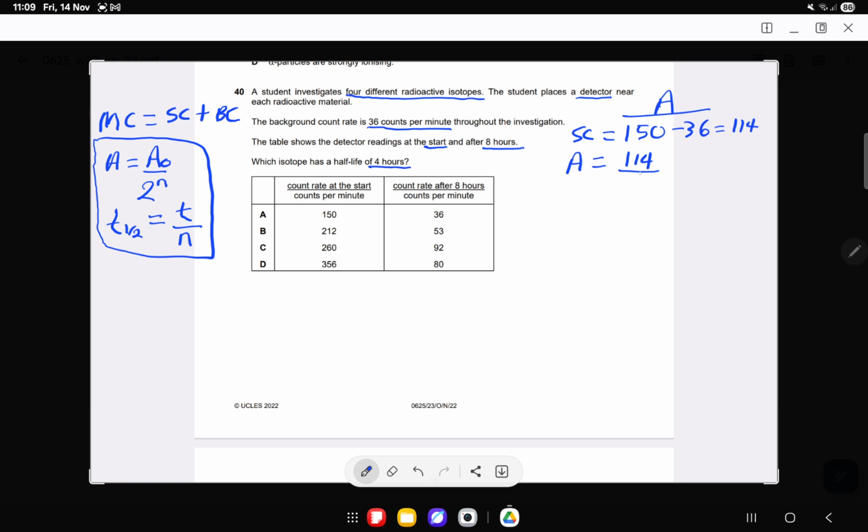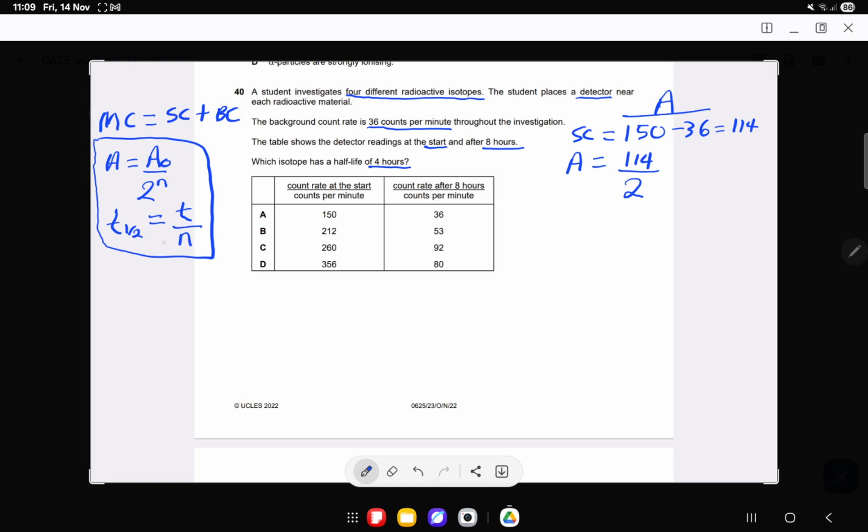So this 114 is the initial sample count rate that we are talking about, option A, over 2 raised to the power the number of half-lives. Remember, the half-life is 4, and the time that we are considering now is 8 hours. So we can use the second formula to determine the number of half-lives.